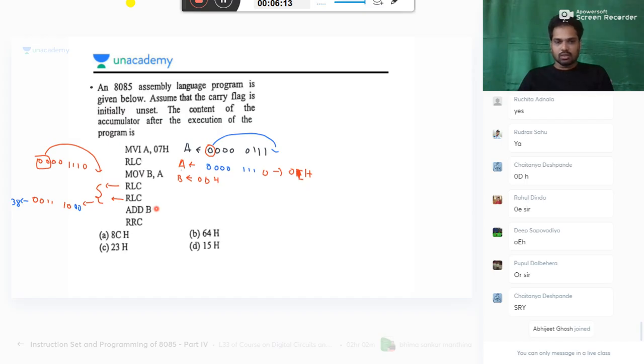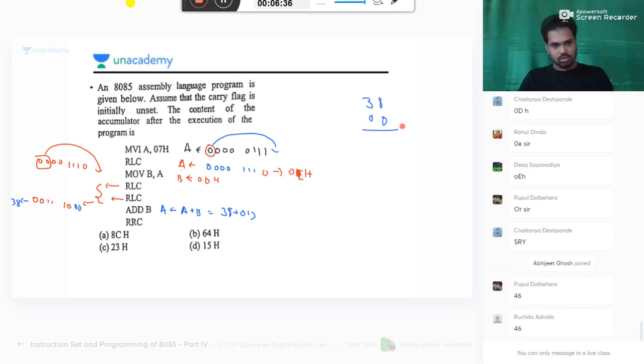Then add B, that is accumulator is copied with A plus B, that is 38 plus 0D. So 38 is 0, 0, 1, 1. So 38 plus 0D. 8 plus D. What is D? It is D or E?